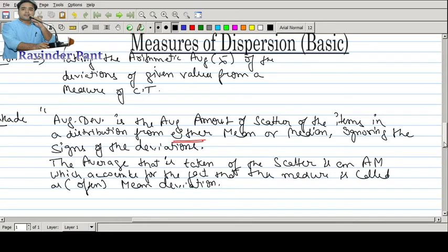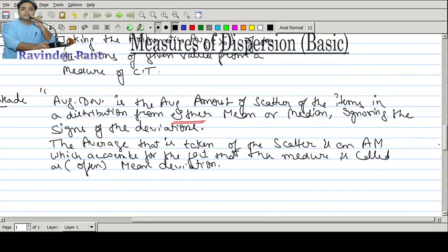So this average is taken from the central tendency measure, that is why it is called mean deviation.